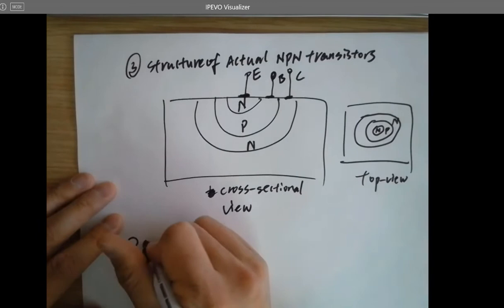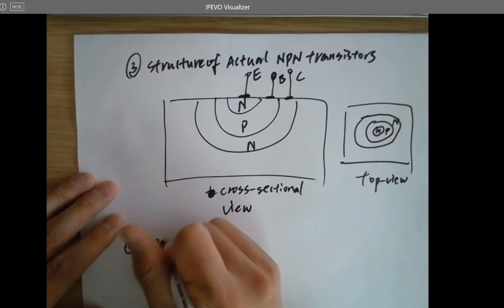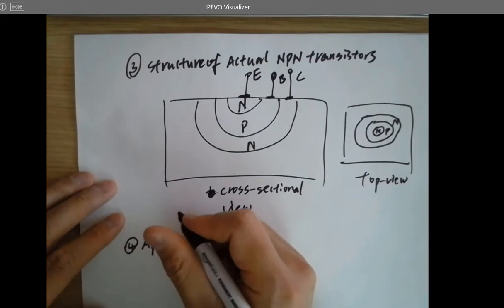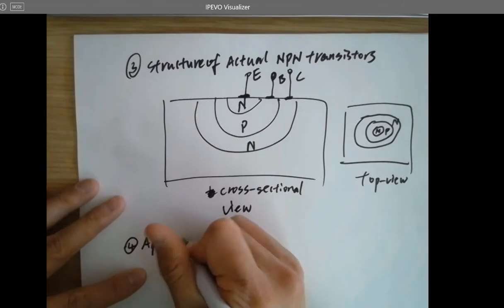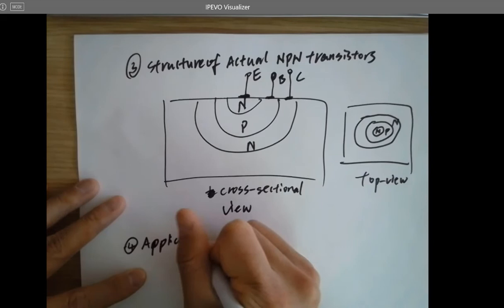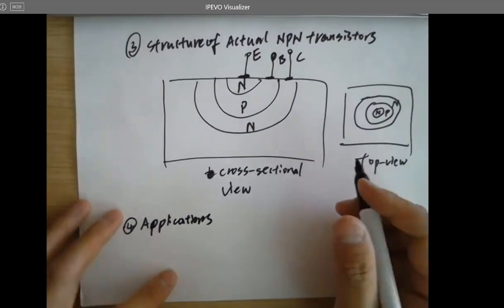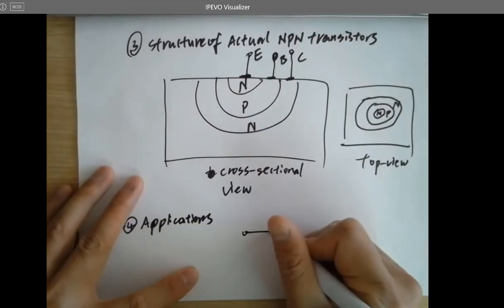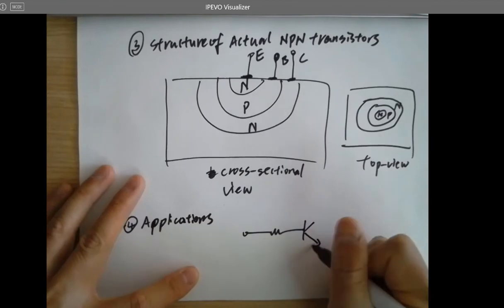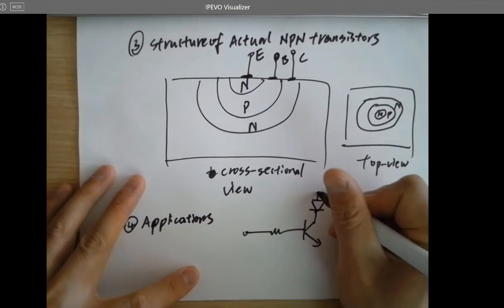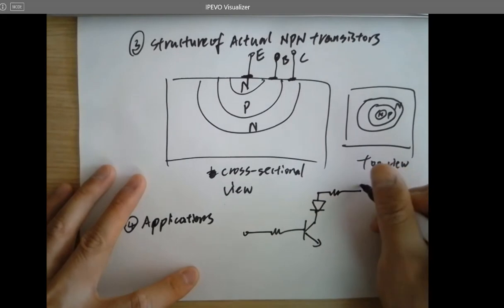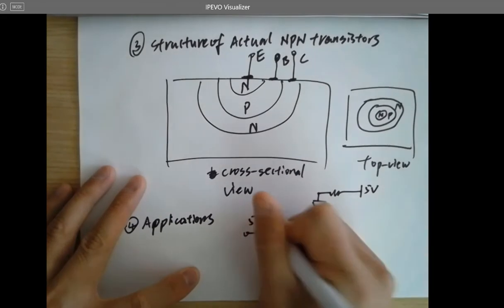Applications. So the fundamental applications for BJTs are switches, being used as switches. For example, I have a terminal, a resistor, and a photodiode LED, with 5 volts here, 5 volts here.